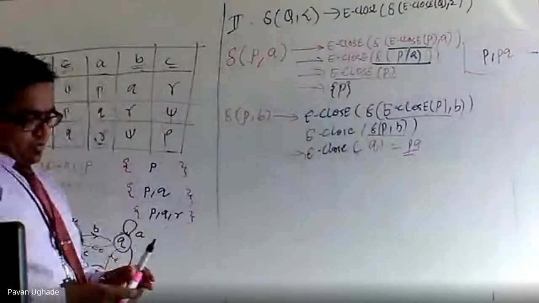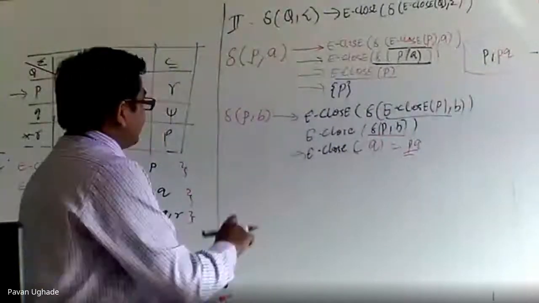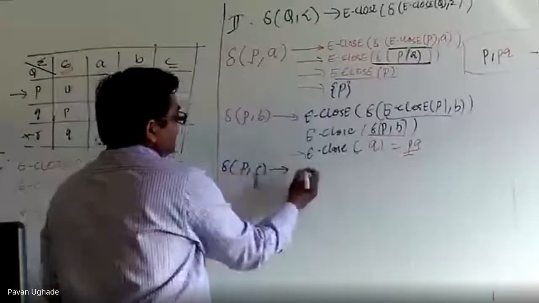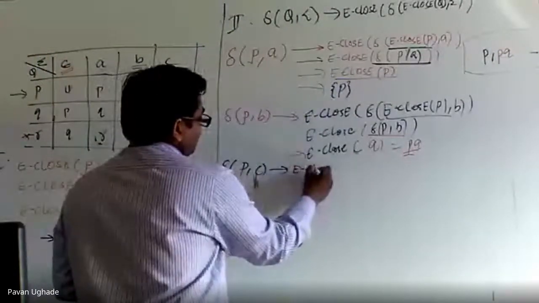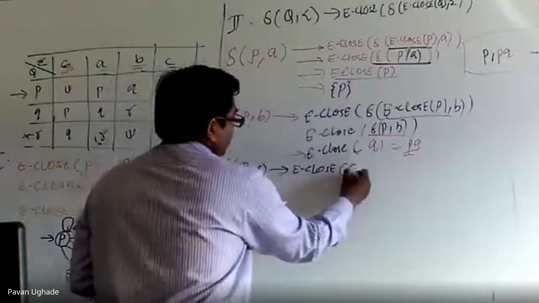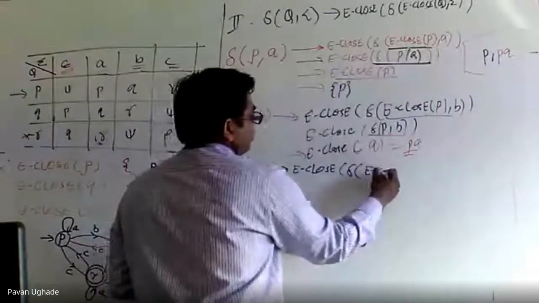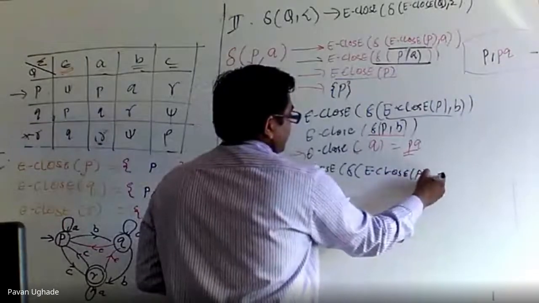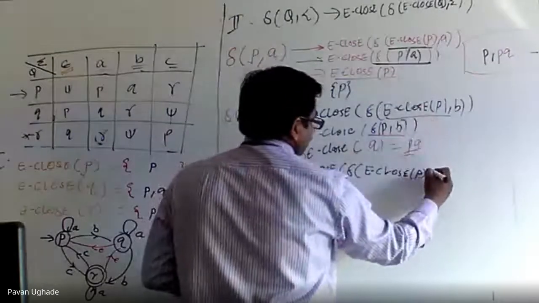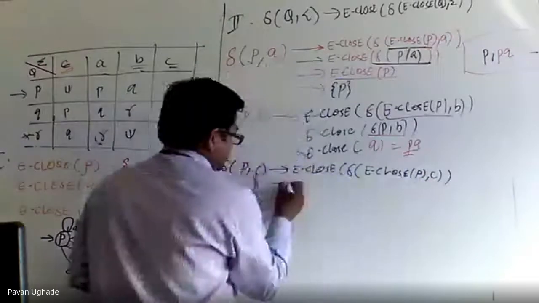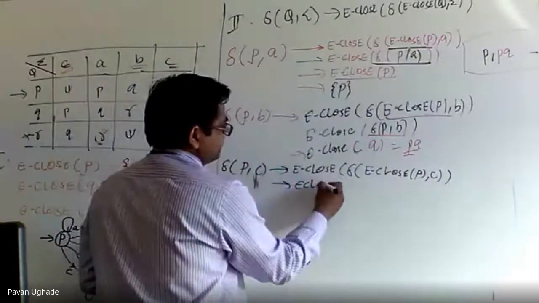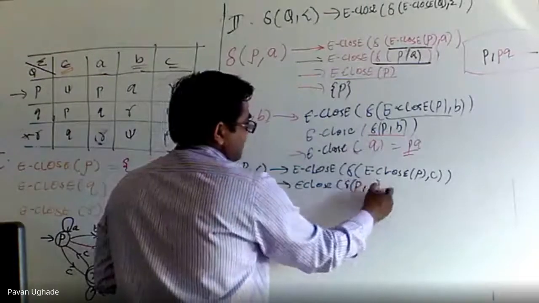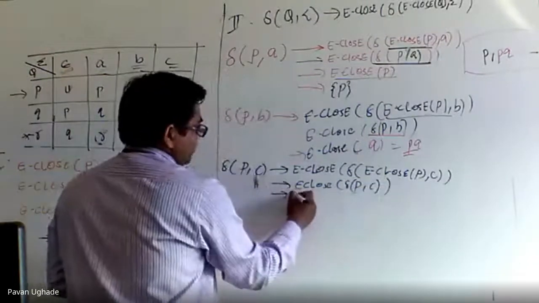Okay, let's move. In the same fashion, we will calculate the transition function of P over C. I know it is epsilon closure of transition function of epsilon closure of the state P, which we have already calculated, over C. What will you get for P over C?